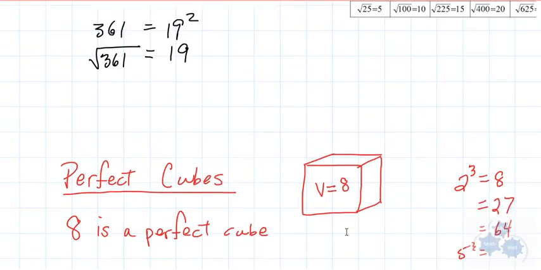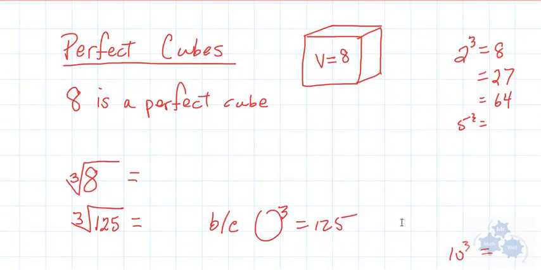Perfect cubes. Let's talk about perfect cubes. Now, you know what a cube is, right? A cube is a three-dimensional box. But not only is it a three-dimensional box, it's a special three-dimensional box.